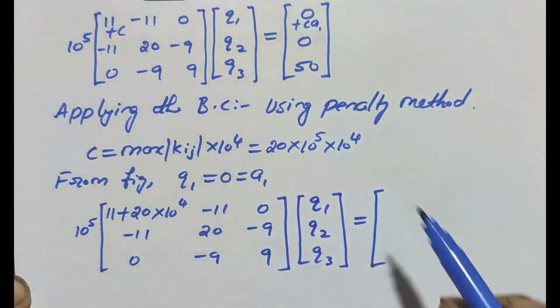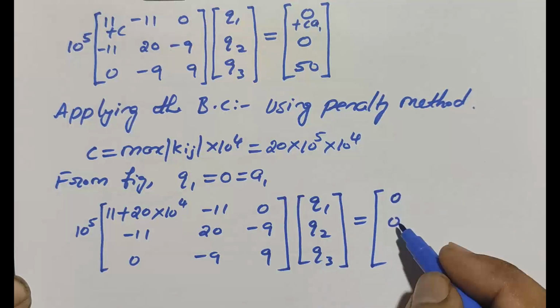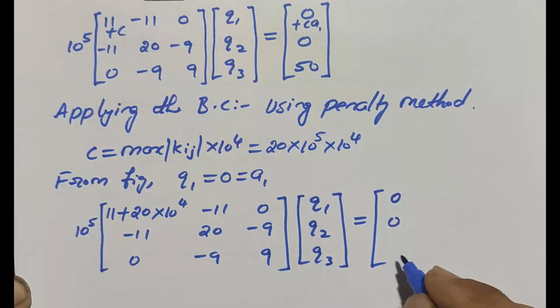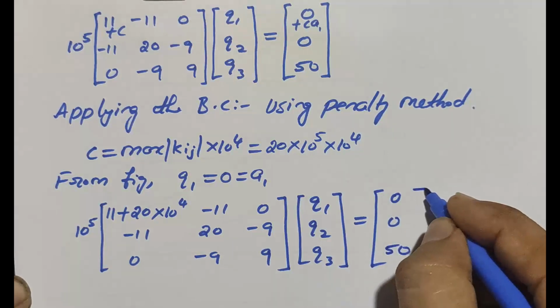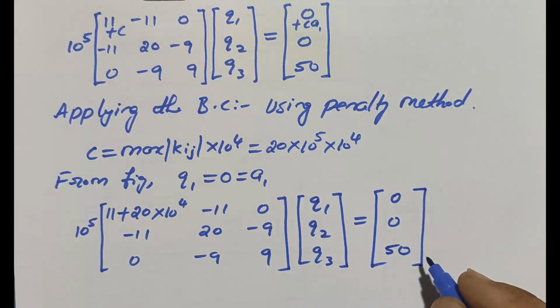So 0 plus 0, again it is 0. F2 is 0 and F3 is 50 Newton. This is the finite element equation after applying the boundary condition using the penalty method.